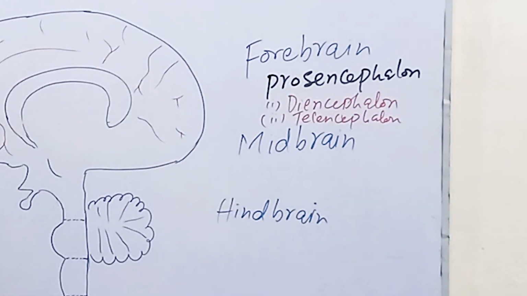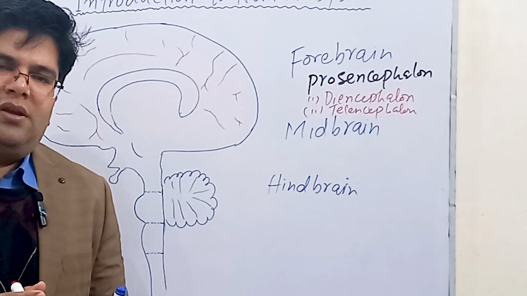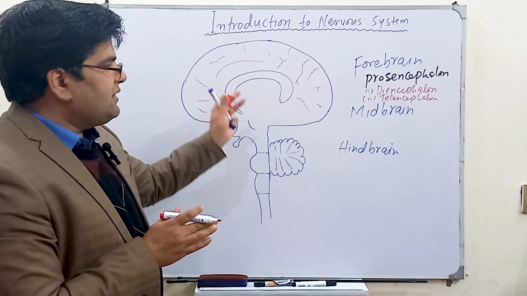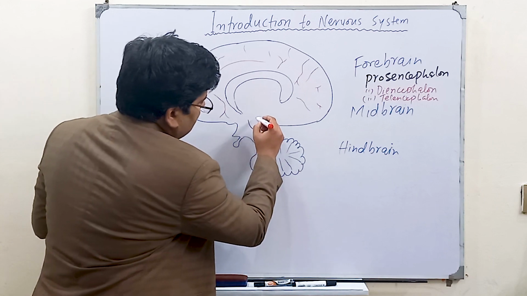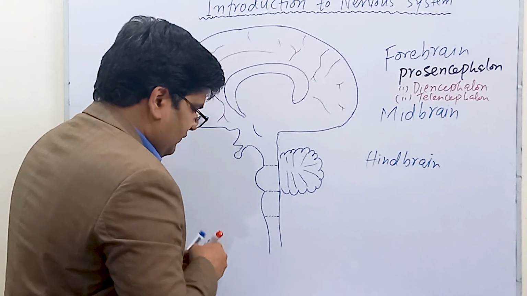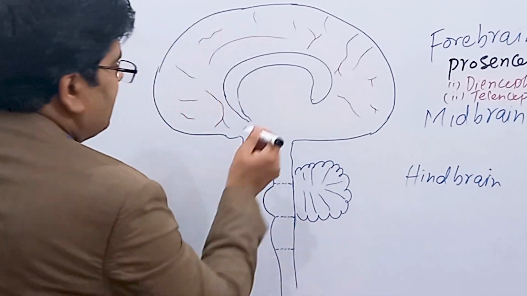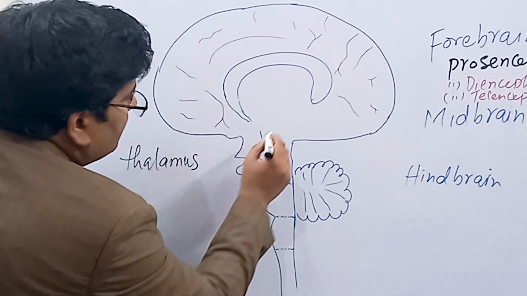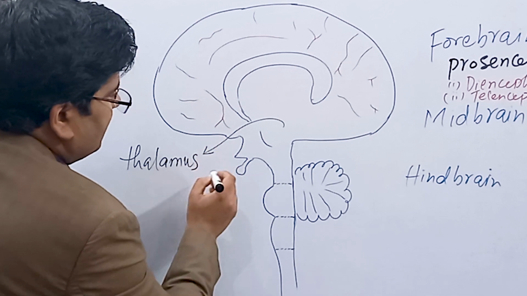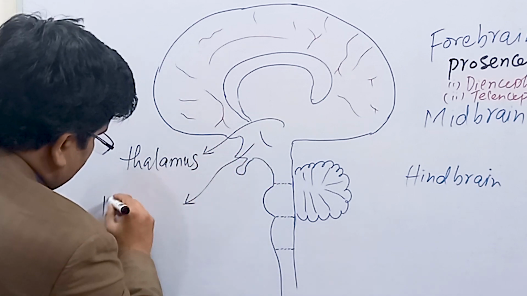The term diencephalon means this is in between the cerebral hemispheres and the brainstem. And diencephalon, it is made of two structures. One is the thalamus here. So this part of our brain is thalamus. And the other one is hypothalamus.